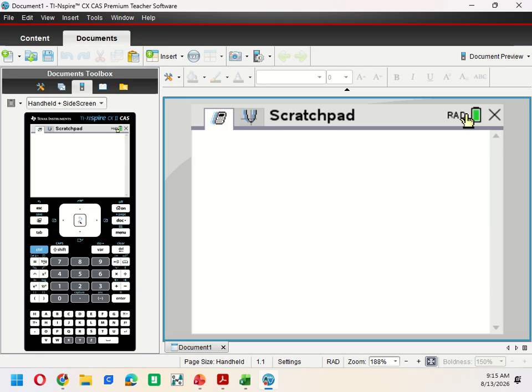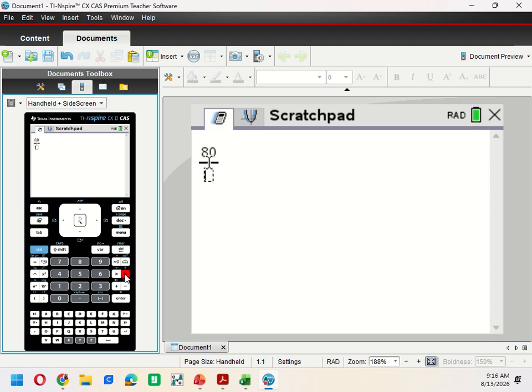All right, so let's go ahead and enter this. So on top, I should have 80 over 105. Arrow over times. My next one was 1609 over 1.